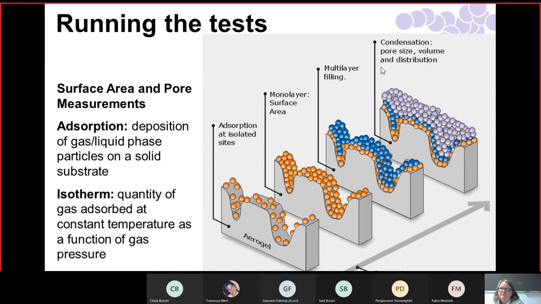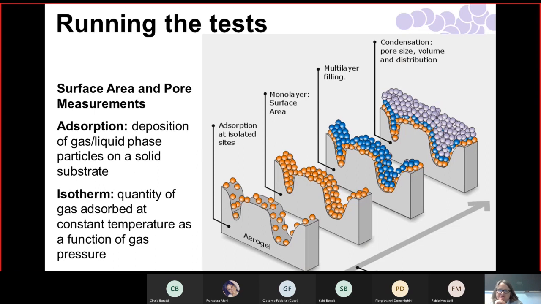Okay, so adsorption, and the opposite is desorption, is when we start to pull the adsorbed gas off of the material. And so what's used is a phrase called the isotherm, which is the quantity of gas that gets adsorbed at constant temperature as a function of gas pressure.